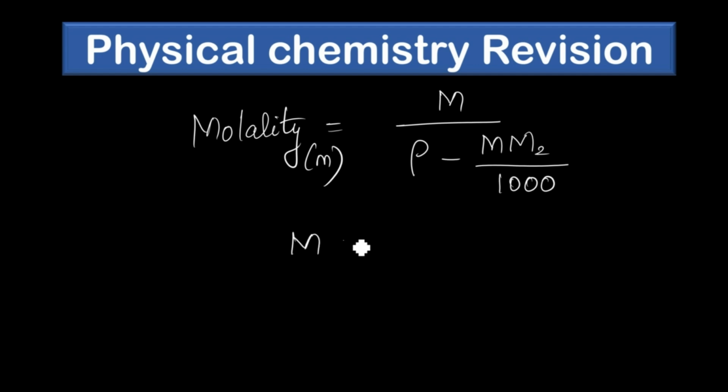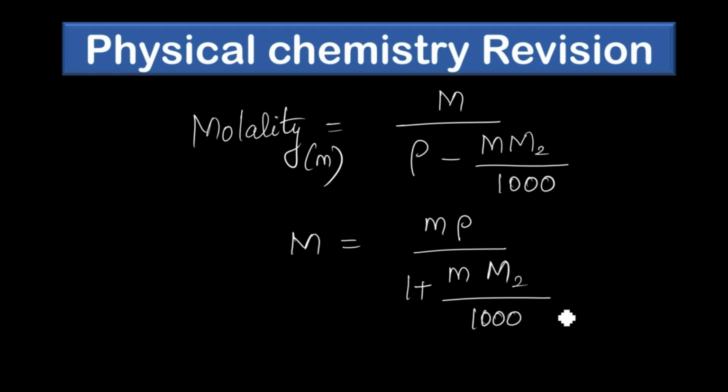If they are asking it in reverse, I have to do with M density by 1 plus m into m2. Here m2 refers to the molecular mass of solute, rho is our density.